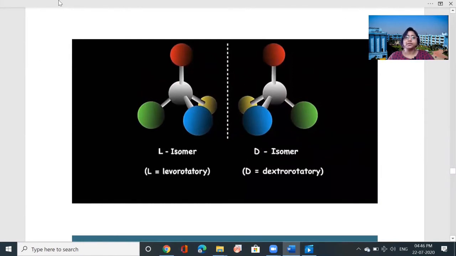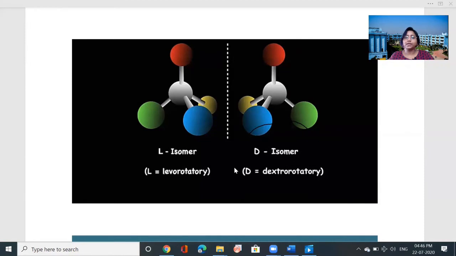And this is the D isomer, the dextrorotatory. That means it rotates the plane polarized light in the right direction.